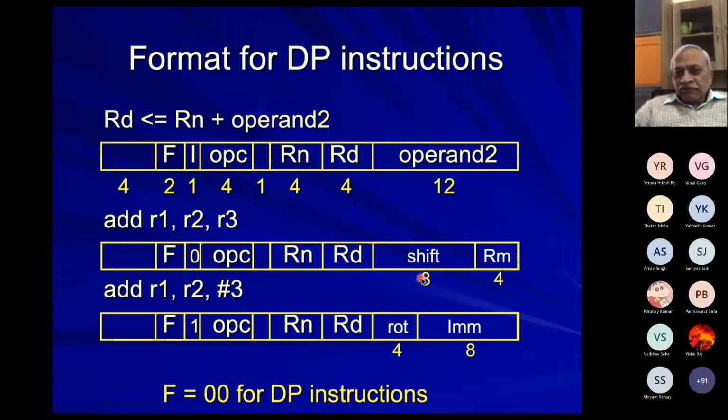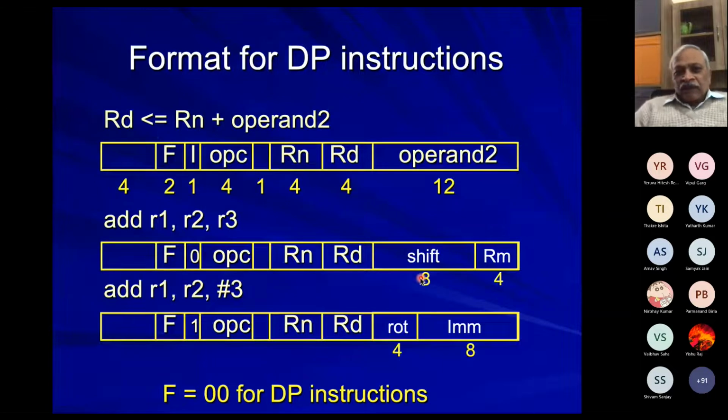So, for example, if you want to add 4 times the register, the shift could be used to specify a 2-bit left shift, because shifting left amounts to multiplication by a power of 2. Shifting right amounts to dividing by a power of 2.